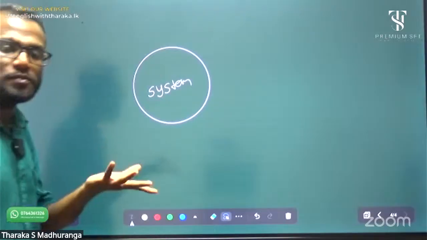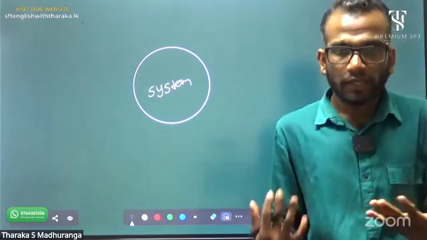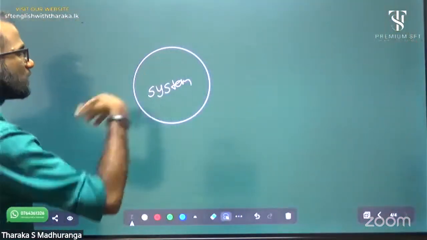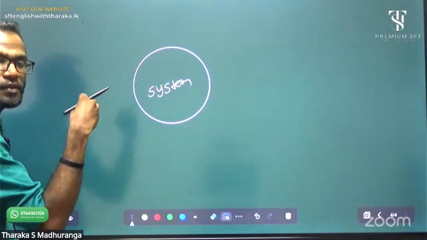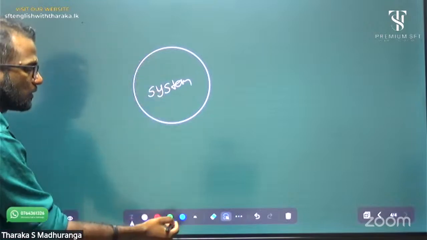What's the meaning of system? It is a selected area for a particular study or experiment, chemical or physical, whatever experiment. That's the meaning of system.